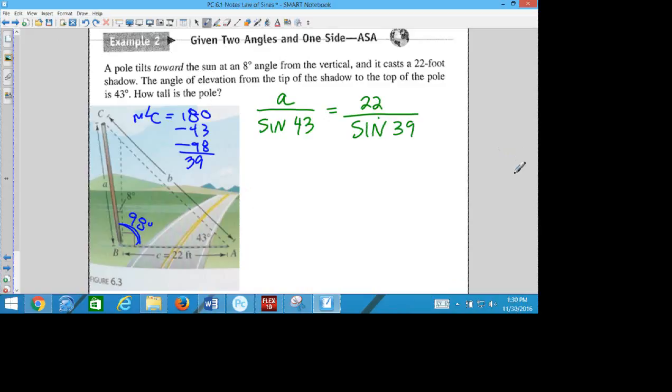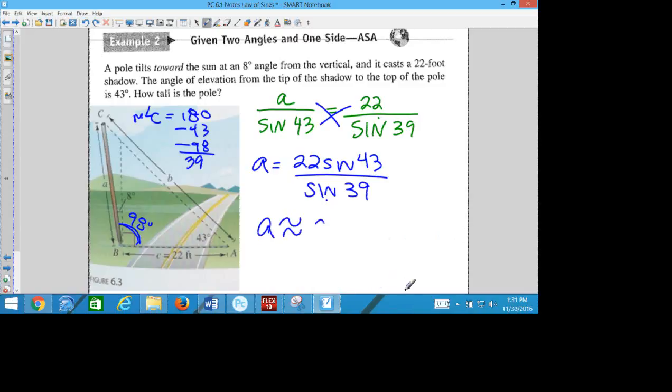So then you're going to cross multiply, solve it. Good.